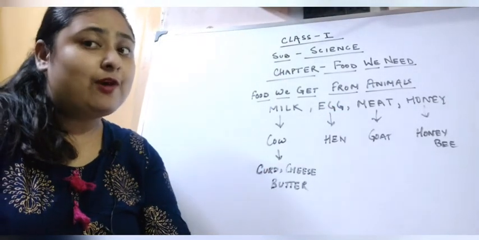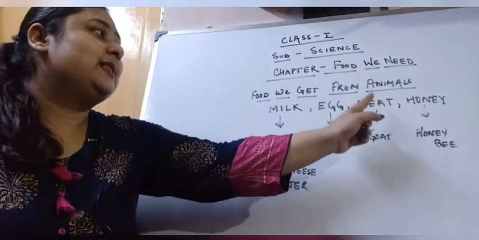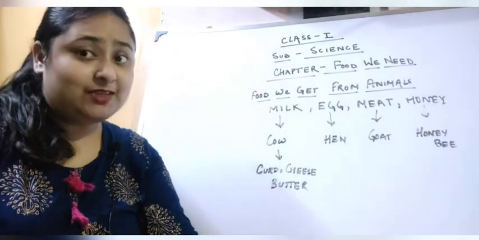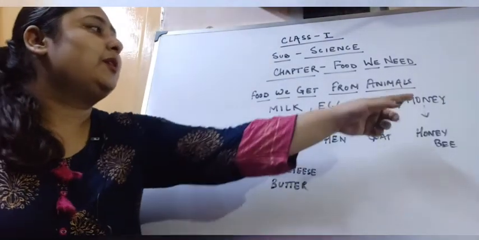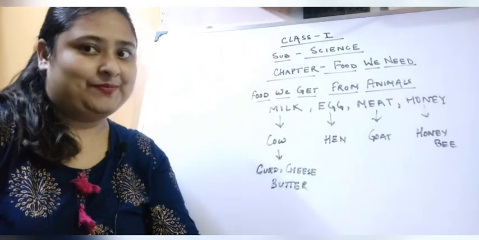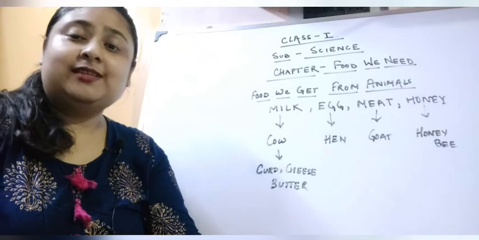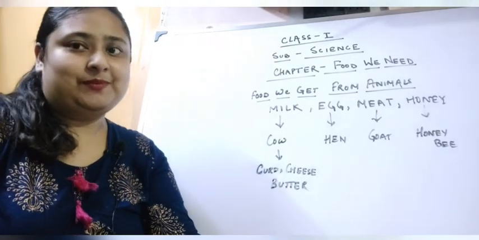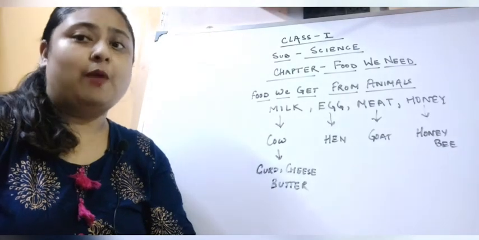We get egg from hen, duck, etc. Next is meat. We get meat from goat, lamb, etc. Next, honey. We get honey from honey bees. Now children, these are all either insects or animals. So all these food items we receive from animals.